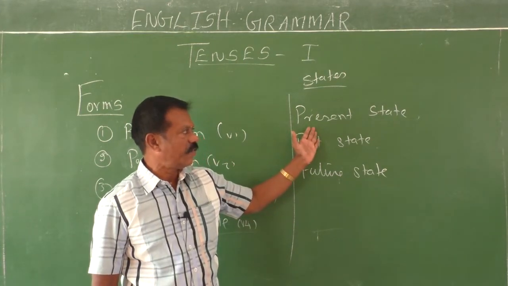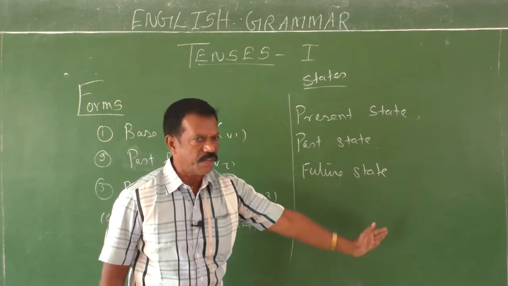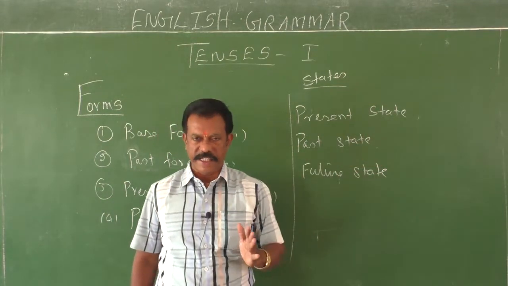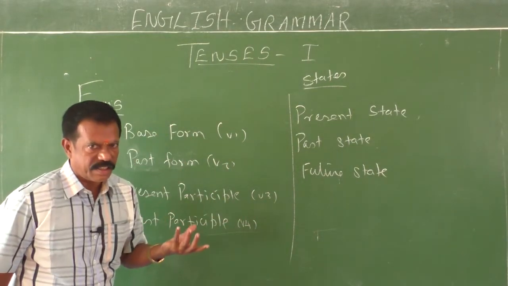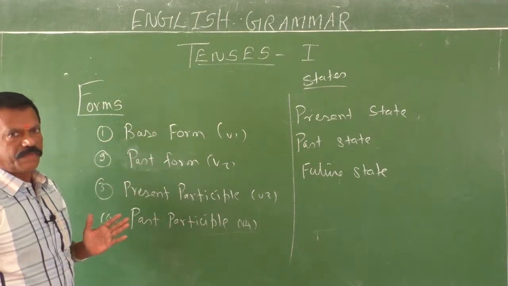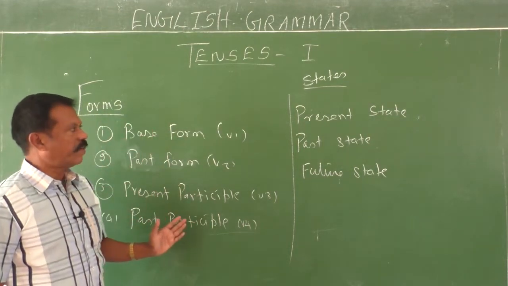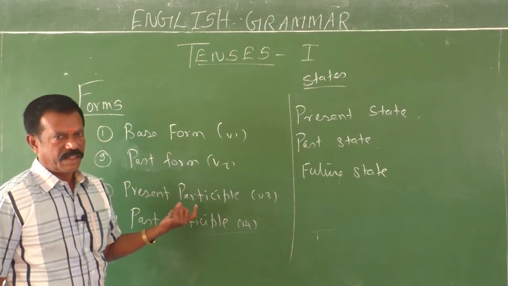Present tense is classified into simple present, present continuous, present perfect and then present perfect continuous. These subdivisions of tenses are made with the help of these forms of verbs. Okay. Without these forms of verbs, you cannot show the continuous tenses.